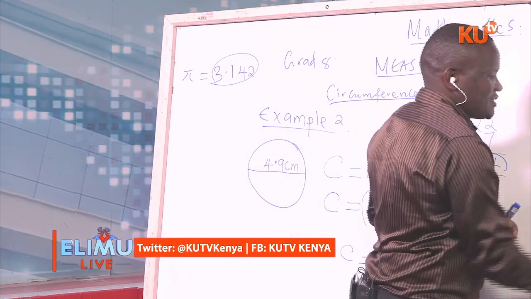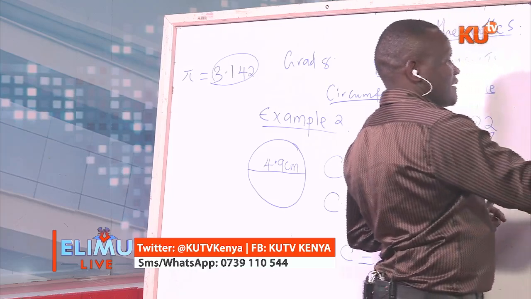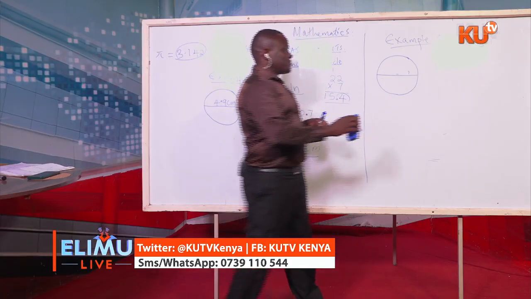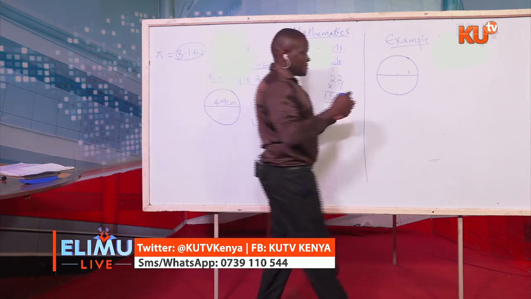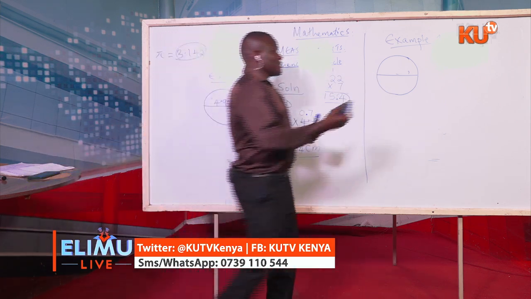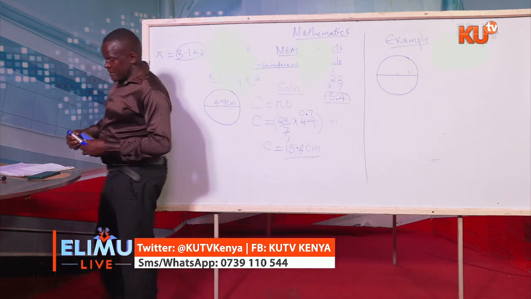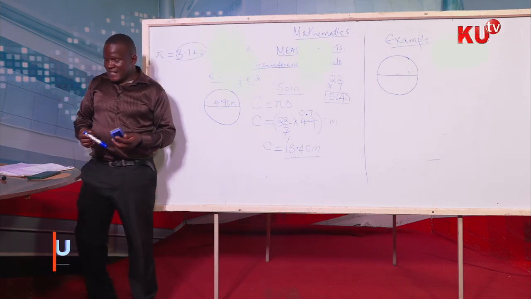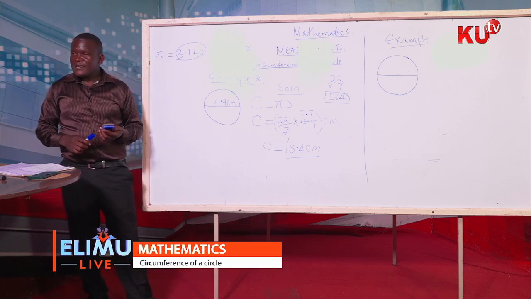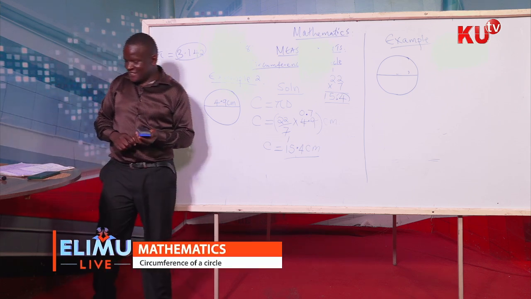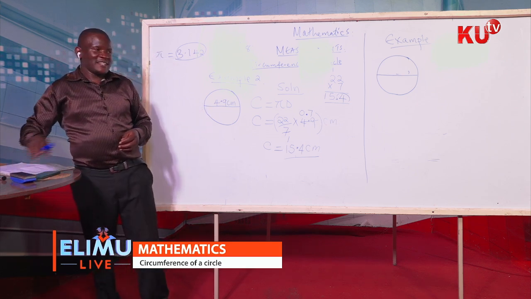Allow me now to move to the next example, that is example 3. So in our example 3, we have the diameter of a wheel. The diameter of a wheel is 49 centimeters. Find the circumference of the wheel.